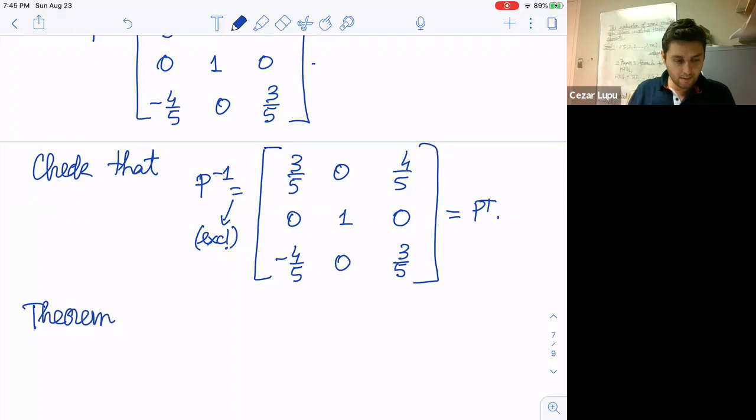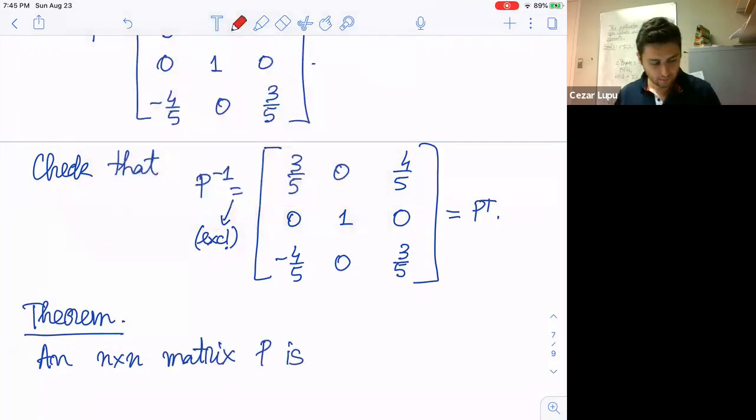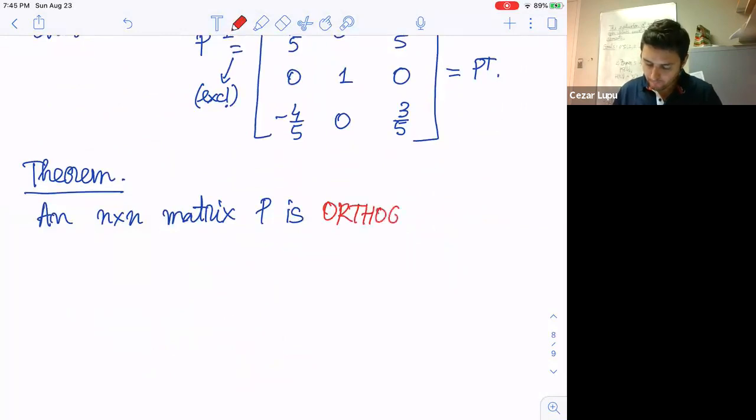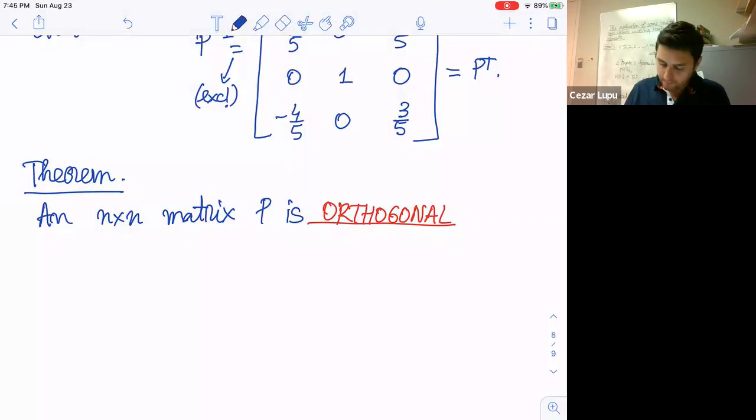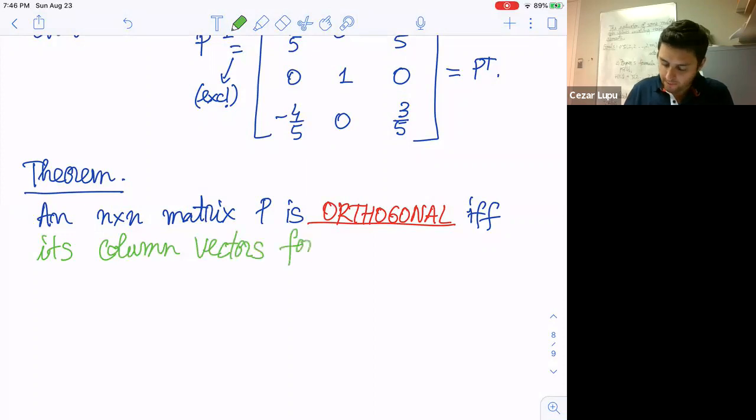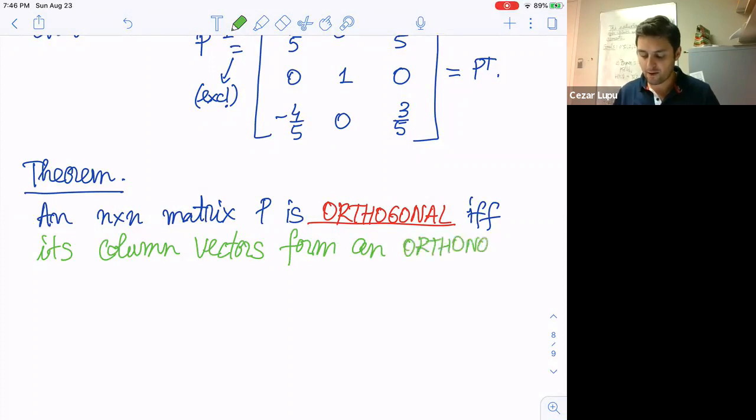An n by n matrix P is orthogonal if and only if its column vectors form an orthonormal set. This is very important.